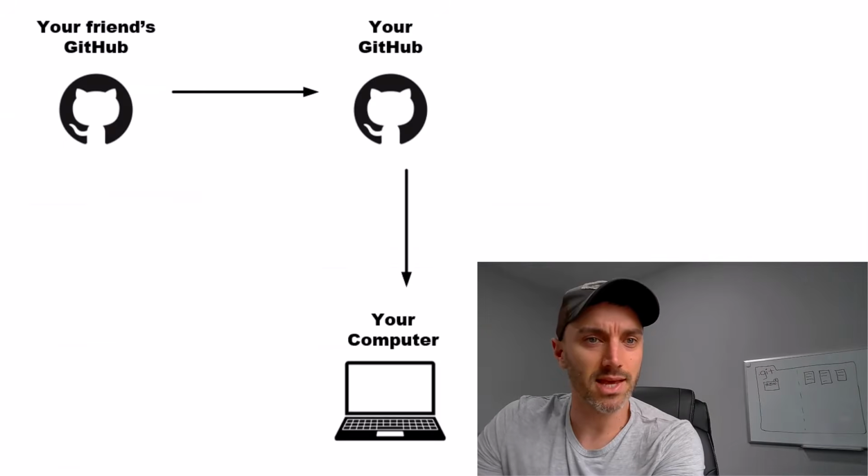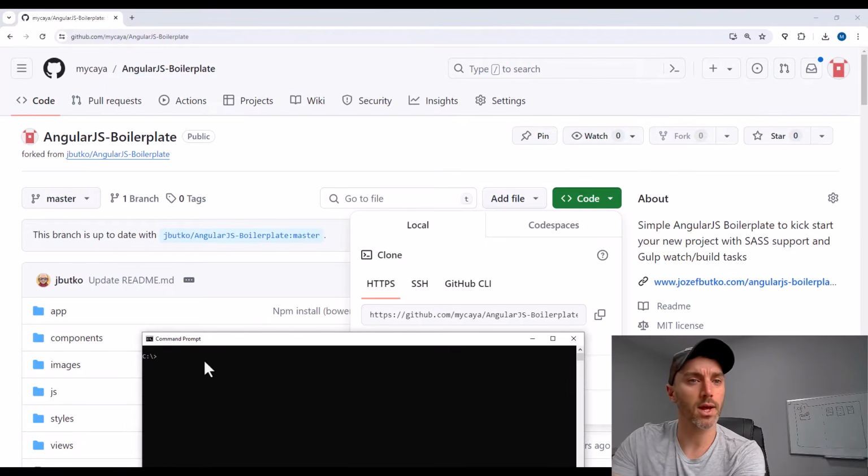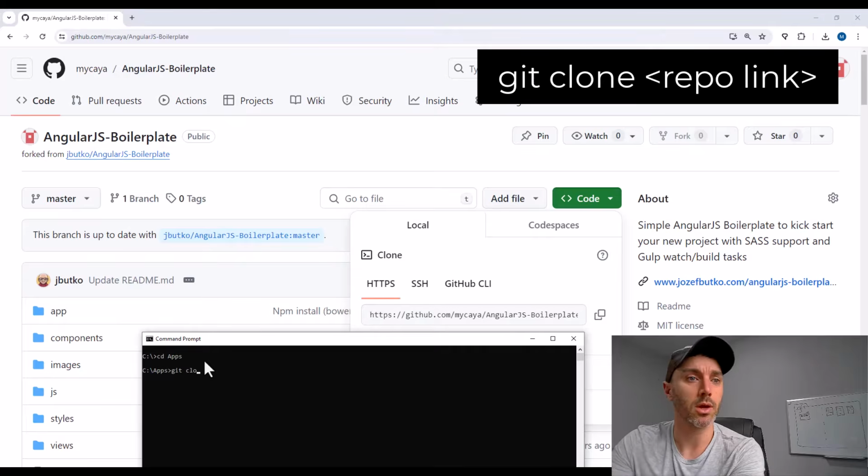The next task is to move this code from your GitHub account to your computer so that you can make changes. What you're doing is making a copy of this whole repository on your computer, and because it's an exact copy, it's called a clone. You can do this by opening up Command Prompt on your computer and navigating to wherever you want this repository to be copied to on your computer.